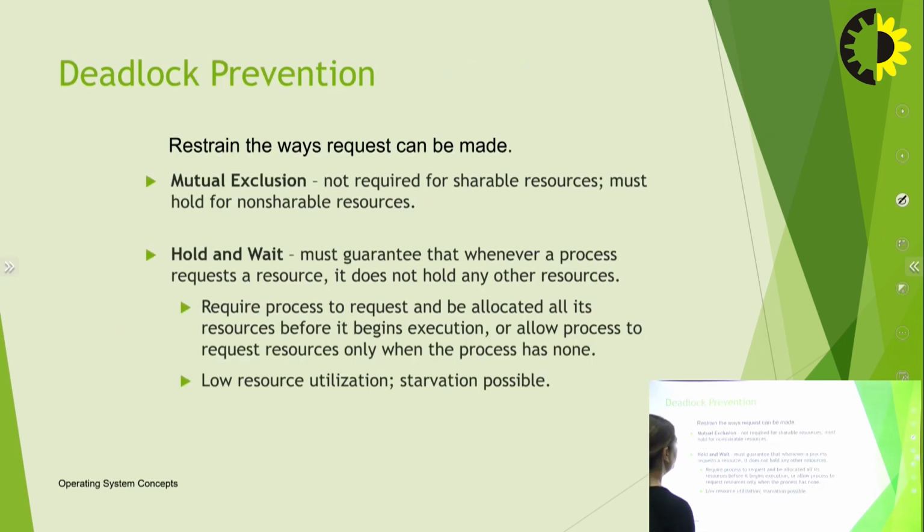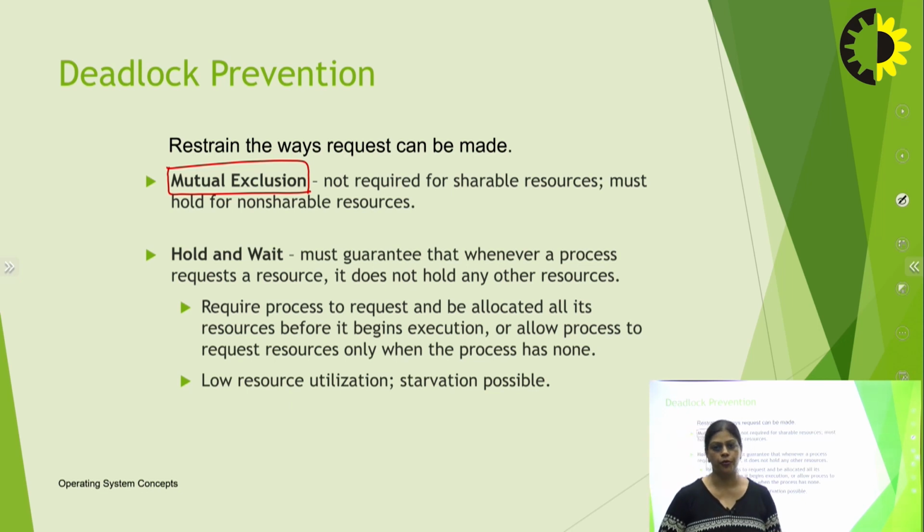Now, how to prevent a deadlock? Deadlock prevention. The first condition of deadlock was mutual exclusion, where we said that the resource will not be in shareable mode. If only one process is holding that resource, it will use it and no other will be using it. It is not required for shareable resources.